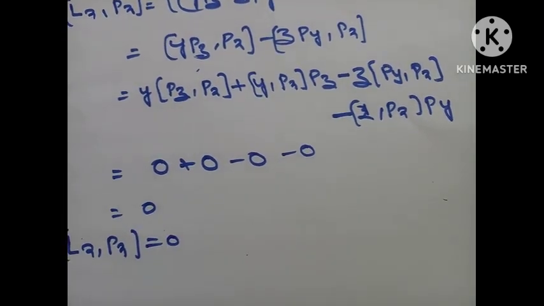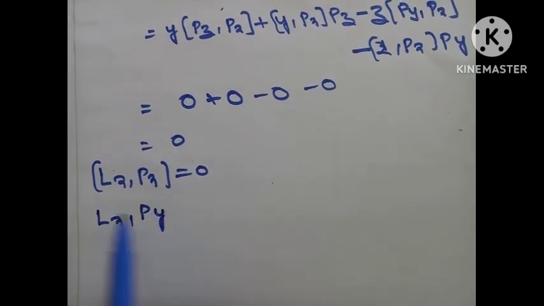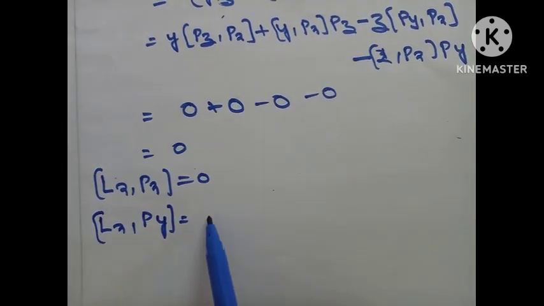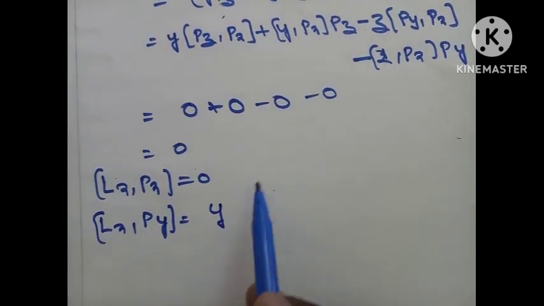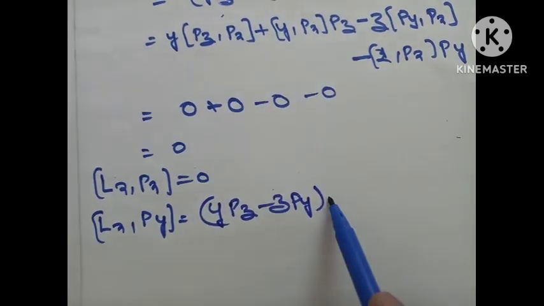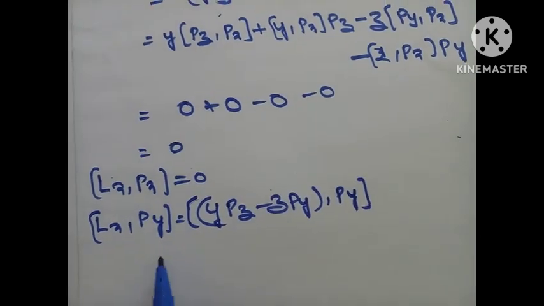Now again we have to find out the commutation between Lx and Py. Okay, let us write here. So you know what is Lx? Lx means ypz minus zpy comma py. How can I write this one?